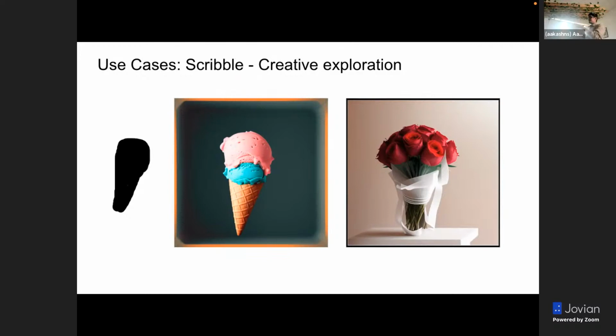If I do a banana or an apple, then also the model will try its best to put a banana or an apple in that shape. However, it might not look like a real world banana or apple because it doesn't conform to that shape. But the outputs are definitely interesting to try out and look at creatively, right? So for example, you can create an infinite number of food shapes by giving these kinds of inputs.